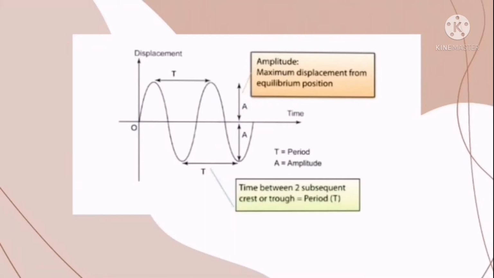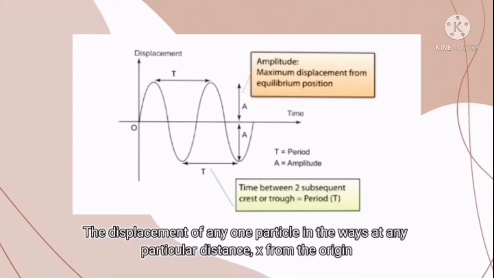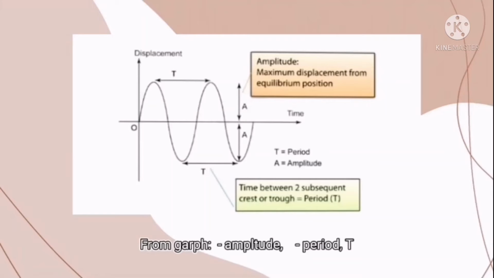Okay, let's see the displacement versus time curve. From this curve, we get to know the displacement of any one particle in the wave at any particular distance x from the origin. We also get to know the amplitude and period from the graph.